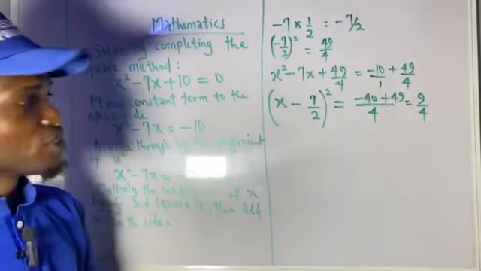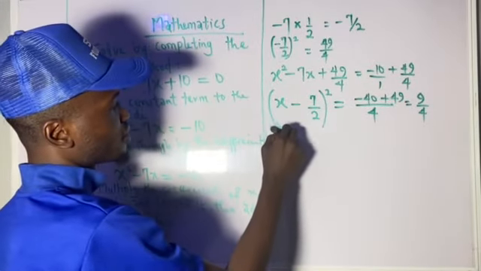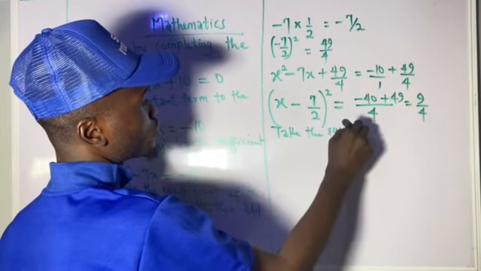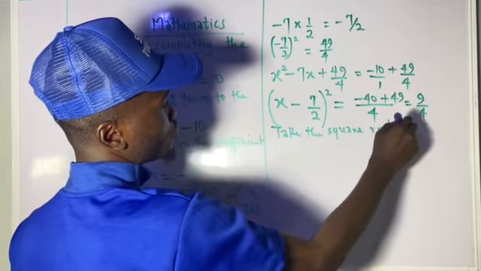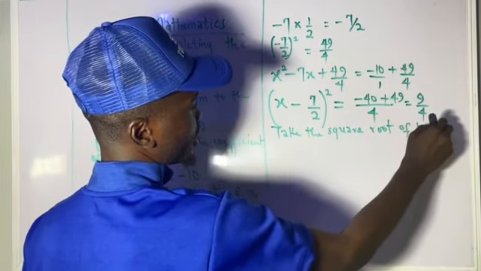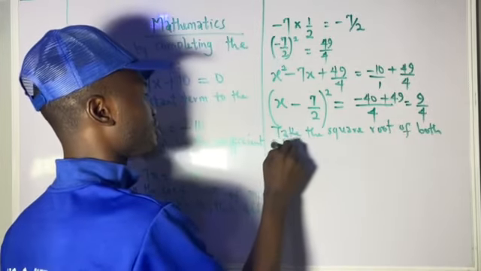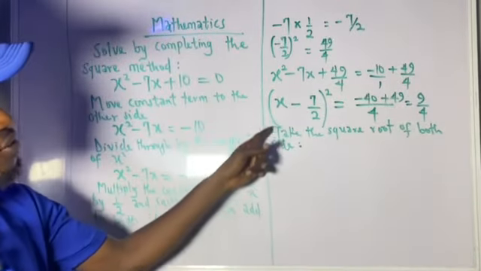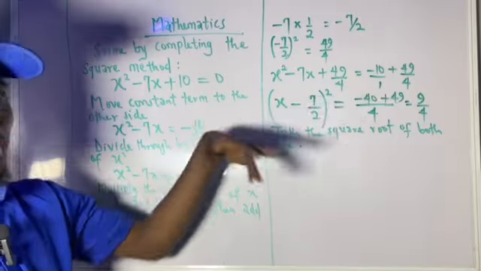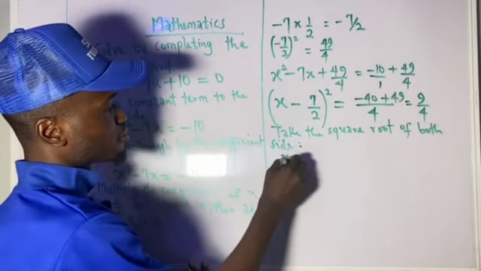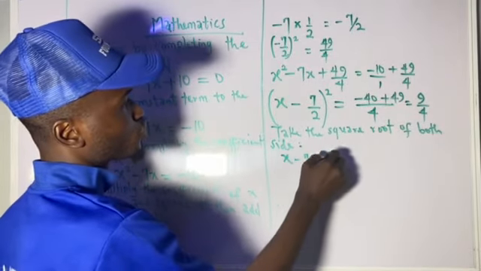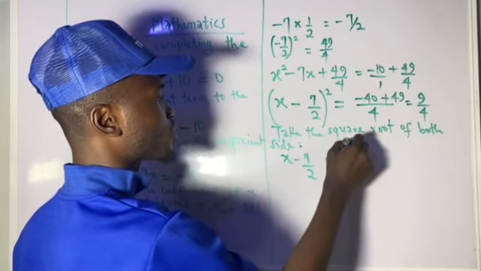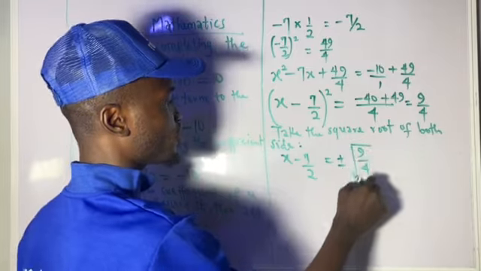Now, the next step is to take the square roots of both sides. If we take the square root of the left-hand side, the square will go. So we have x minus 7 over 2 equal to plus or minus the square root of 9 over 4.